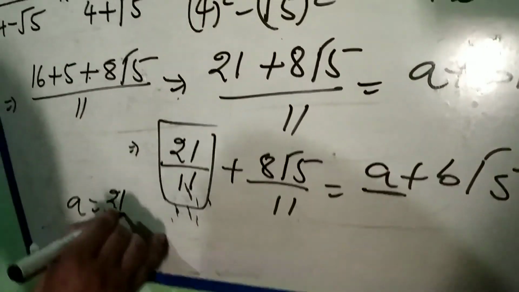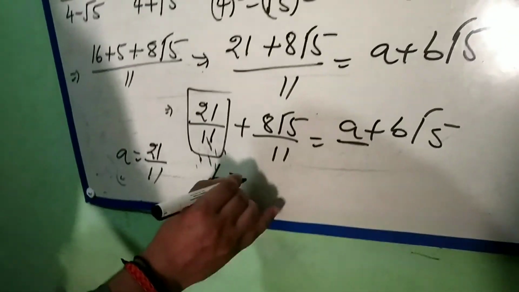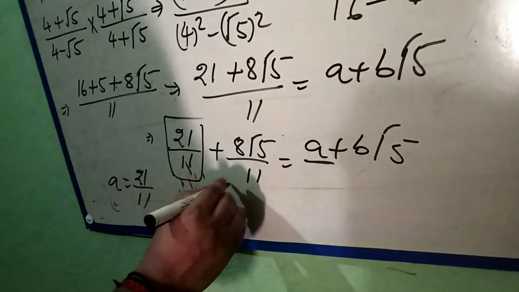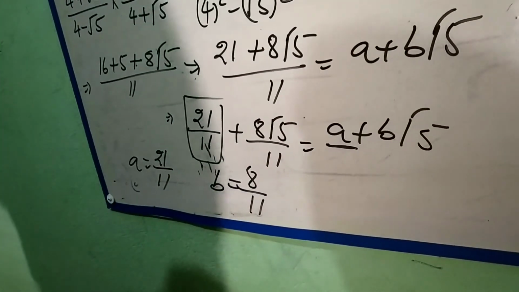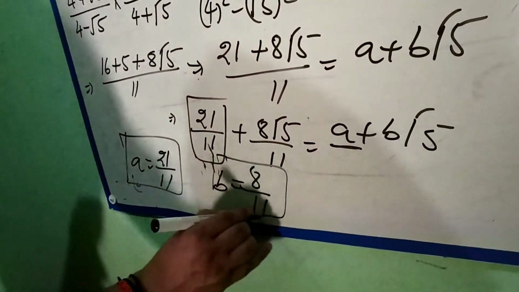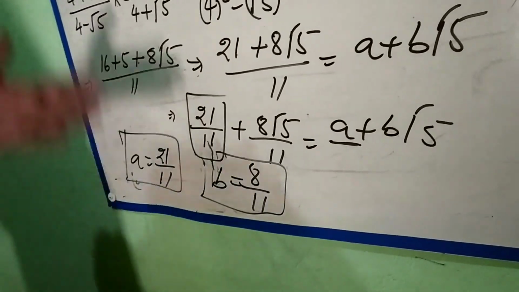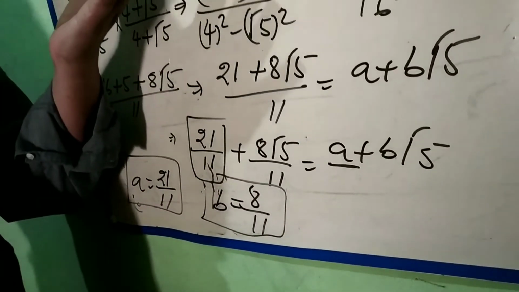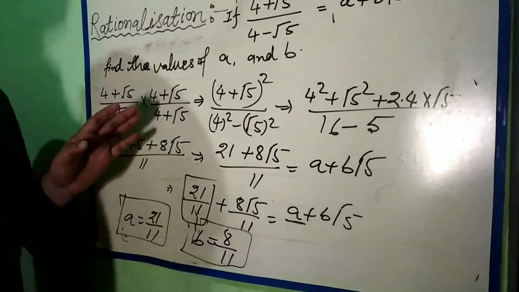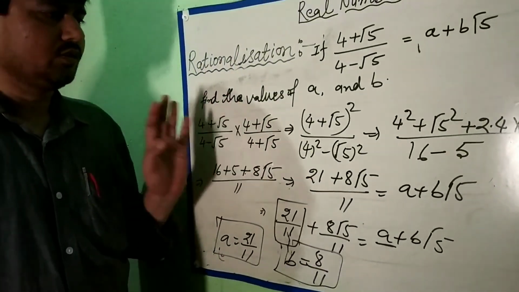So the value of a is 21 upon 11 and the value of b is, b is with root 5, here with root 5 what is there? 8 upon 11. The value of a is 21 by 11 and the value of b is 8 upon 11. That is how you will solve the problems where a and b values are asked. Is it clear? Okay, thank you.